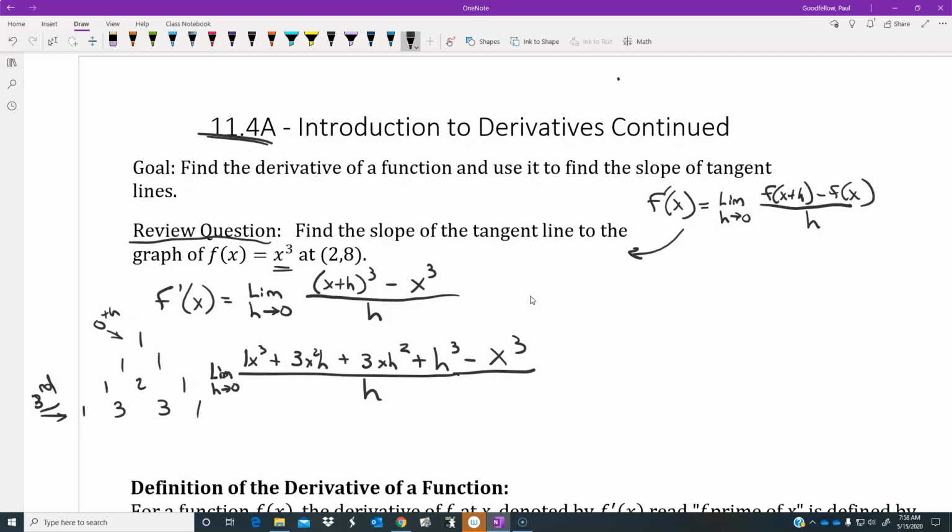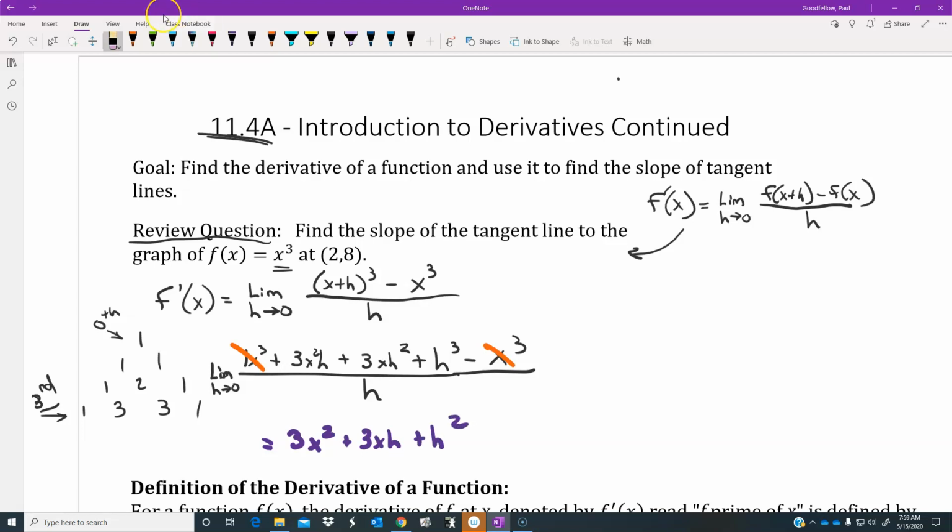Now, if I approach this going to 0, again, the bottom is a problem. Let's see if there are any cancellations that take place. These cancel out. The h could be stolen from everything that's upstairs. If you steal the h out of each one and cancel it with the bottom, we'd be left with 3x squared plus 3xh plus h squared.